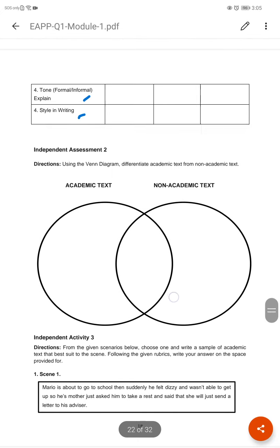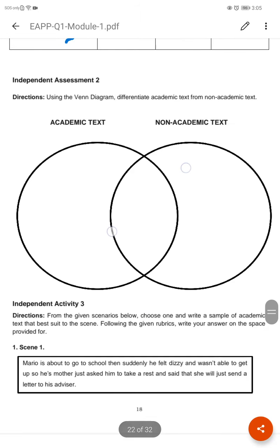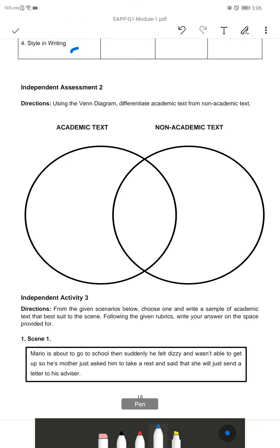And then here we have independent assessment 2. So here, all you have to do is to differentiate the language used, or differentiate rather, the academic text versus non-academic text. So in here guys, you are going to write the difference. So what makes academic text unique?